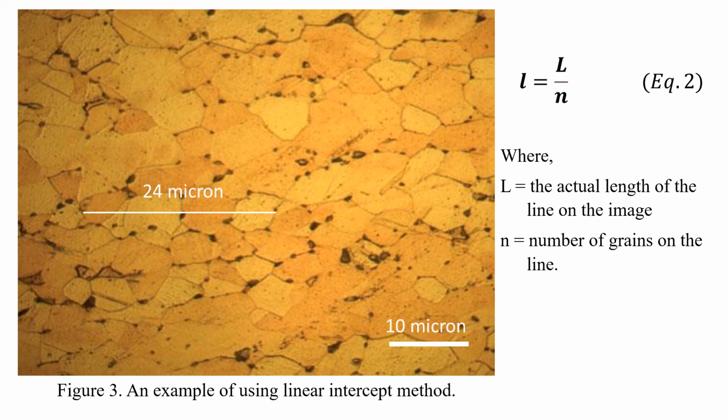We have as an example figure number 3, where a line with a length of 24 micrometers intersects 5 grains. The actual grain size can be calculated with the next equation, that is L equals uppercase L over N, where uppercase L is the actual length of the line on the image, and N is the number of grains on the line.